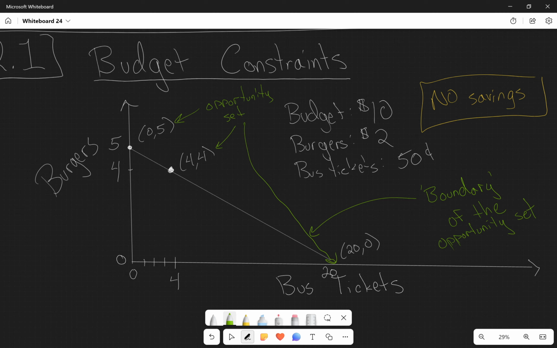So consumers have to choose what they need and want given the limited amount of resources that they have, right? And what we find pretty easily here is that giving up 1 burger gives you 4 tickets, right?